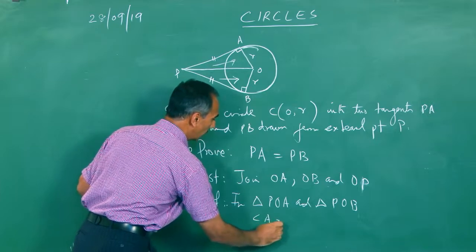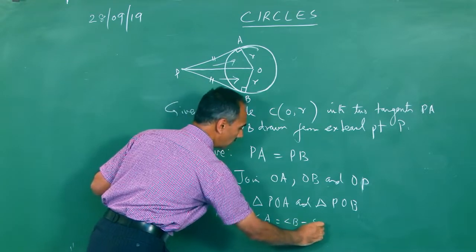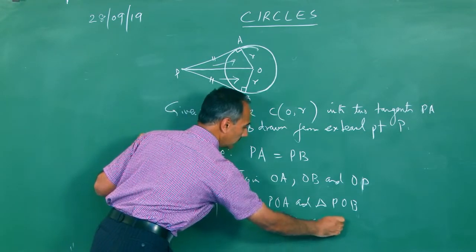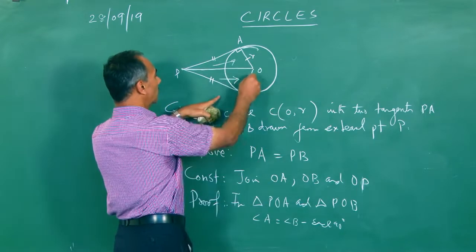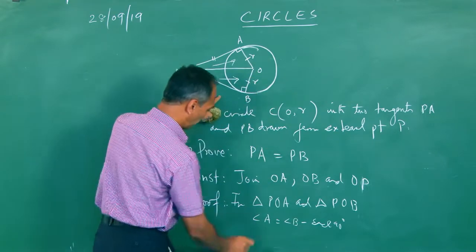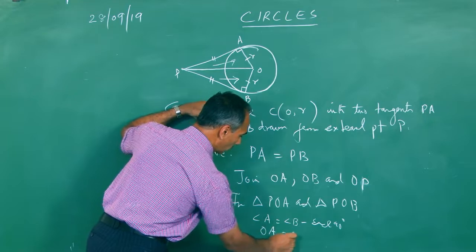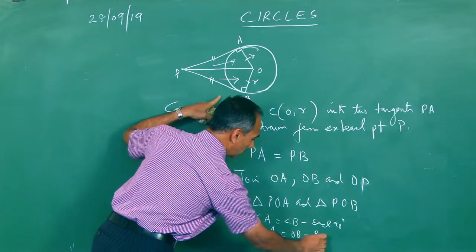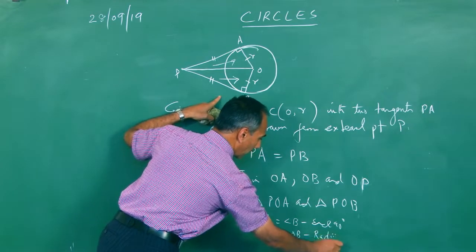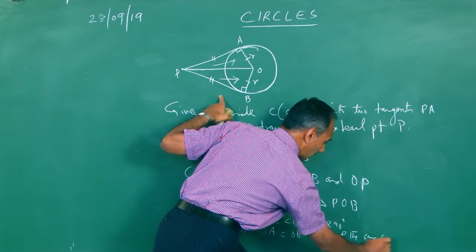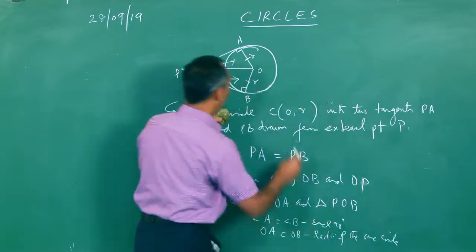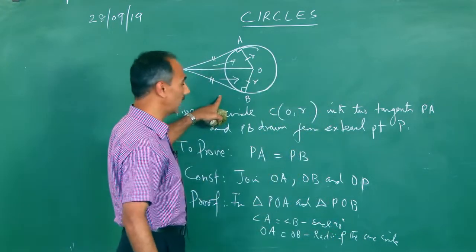Angle A is equal to angle B, each 90 degrees, as per the tangent radius theorem. And OA is equal to OB, the radii of the same circle. And OP is equal to OP, that is common.